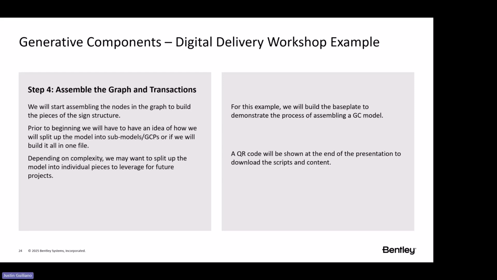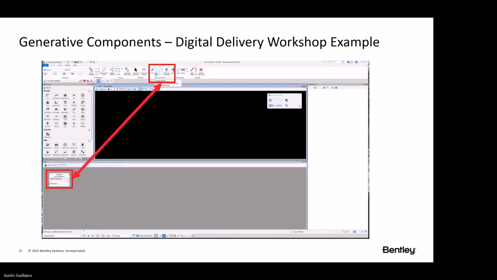We're going to look at solid creations, solids by Boolean functions. We're going to look at the function node itself and how we can set up a series. And we're going to look at coordinate systems. A lot of these nodes that I'm going to show are going to be used in basically any GC model. They're very common and can be leveraged a lot.